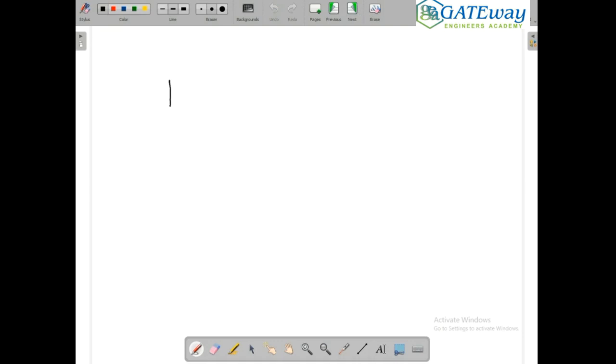Take a beam. This is the neutral axis. Say M20 grade of concrete.